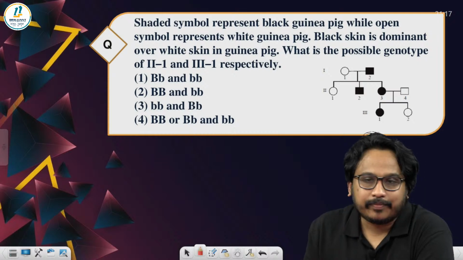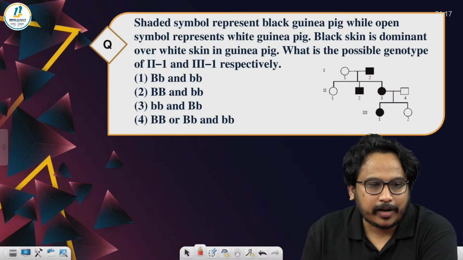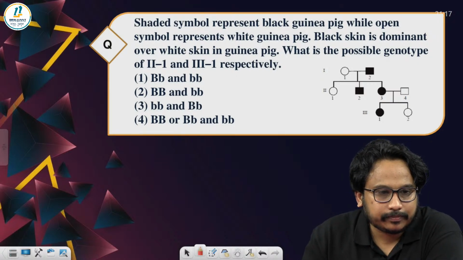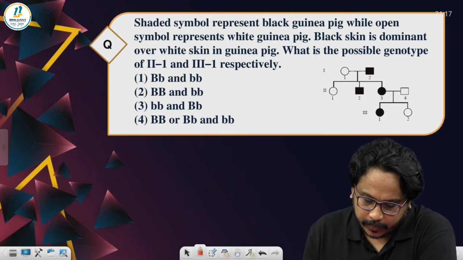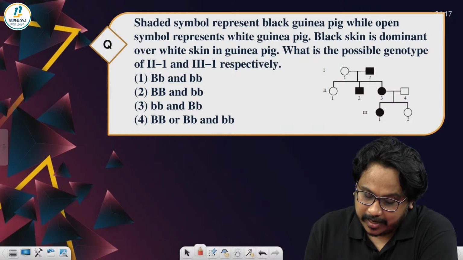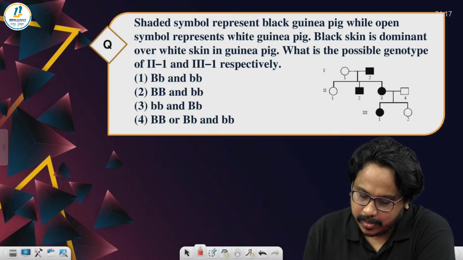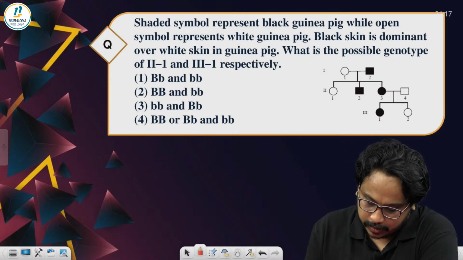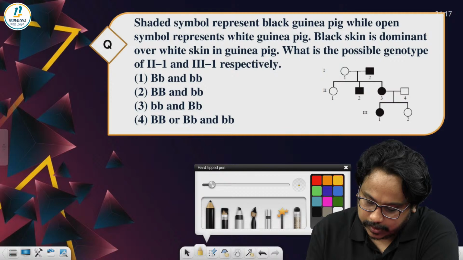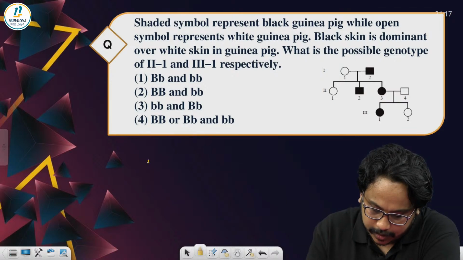Now the next one, a question from pedigree, one application question. Shaded symbols represent black guinea pigs while open symbols represent white guinea pigs. Black is dominant over white. So let's take two genotypes for black.